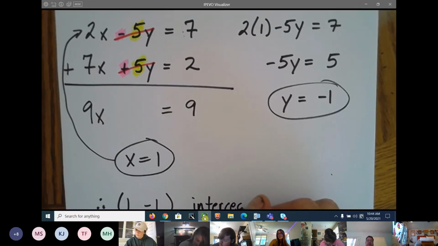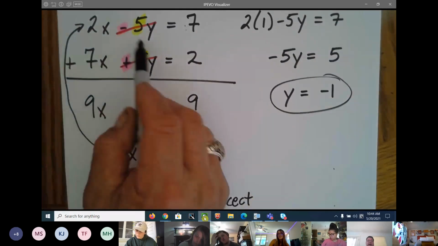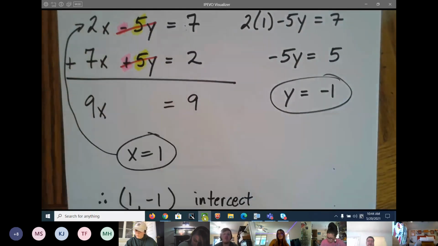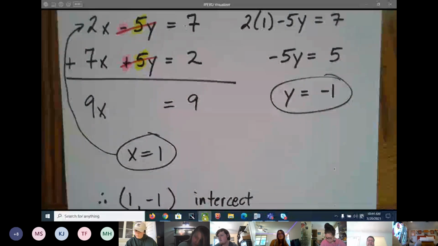Now, of course, you could check that with a calculator by punching these in, solving for y and punching them in and seeing if they intersect at 1 and -1. Or you could do substitution, but on a test, I would probably suggest checking on a calculator with a graphing utility.